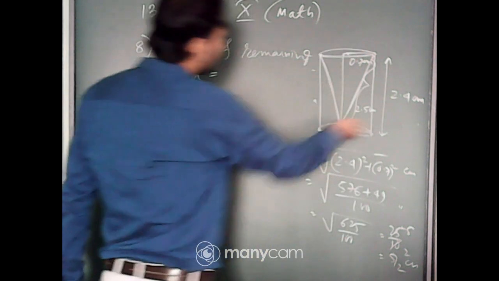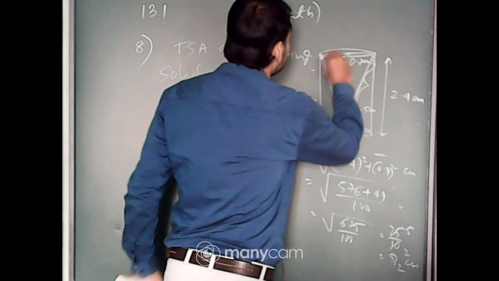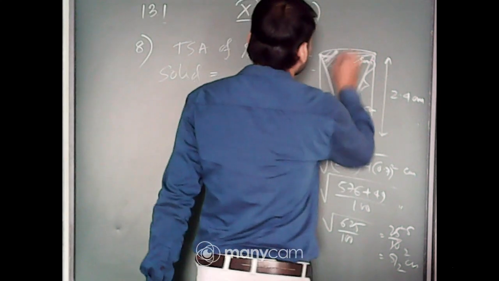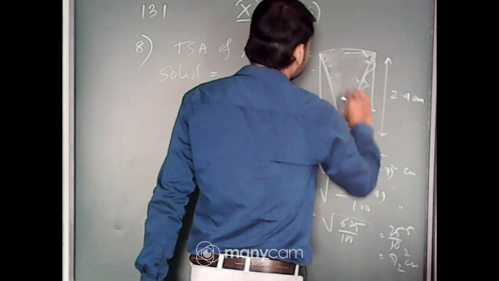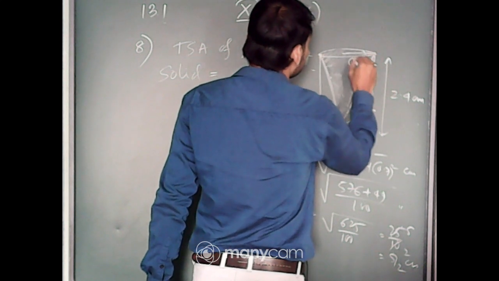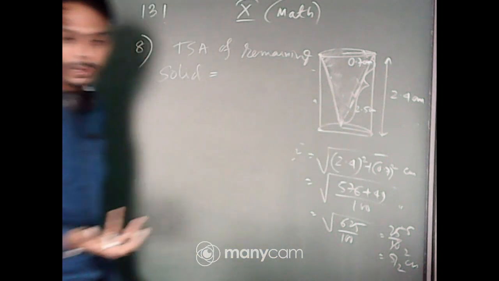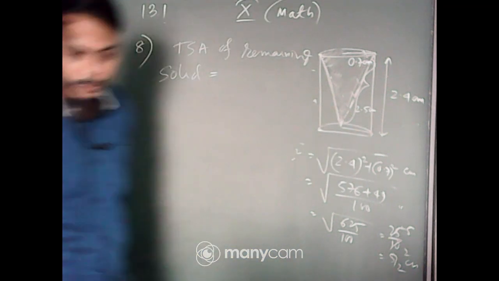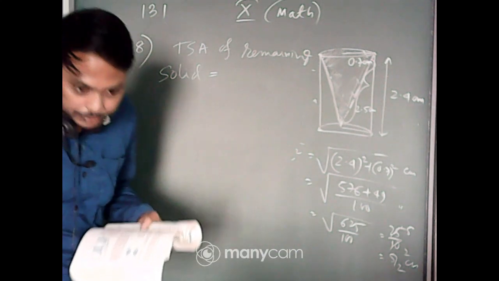So the lower portion will be remaining here. Whenever this cone is cut out, the lower base, the circle, will be remaining here. So, not only cylinder plus cone, very important question this is.